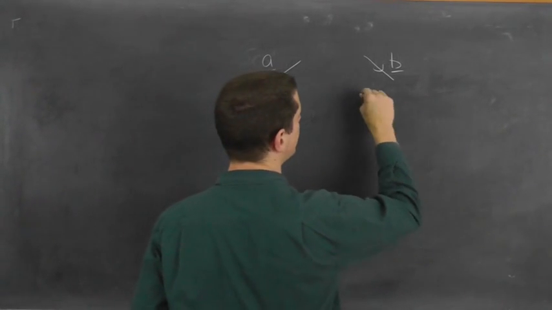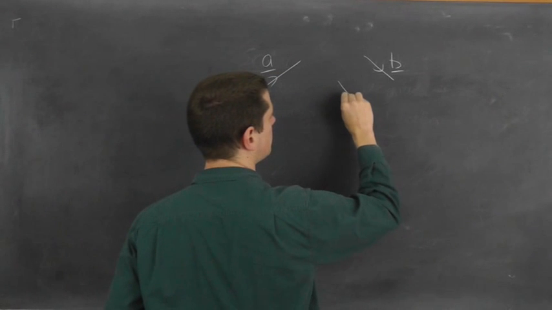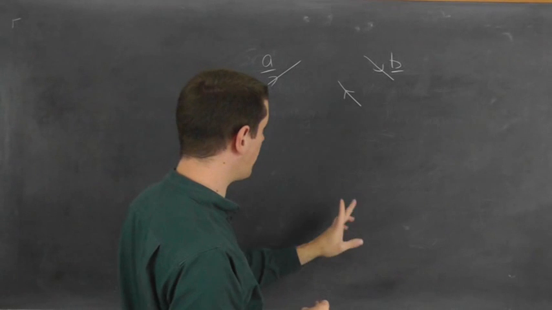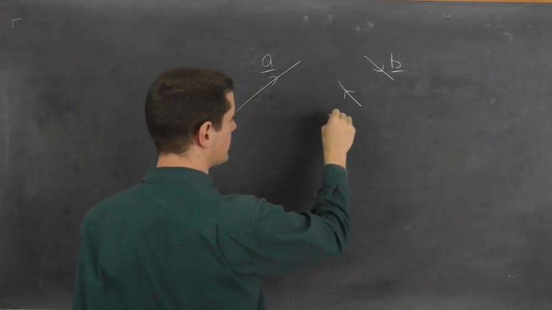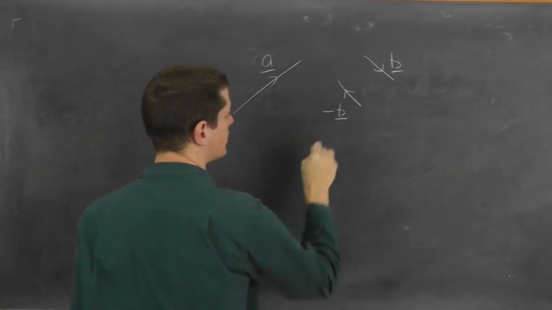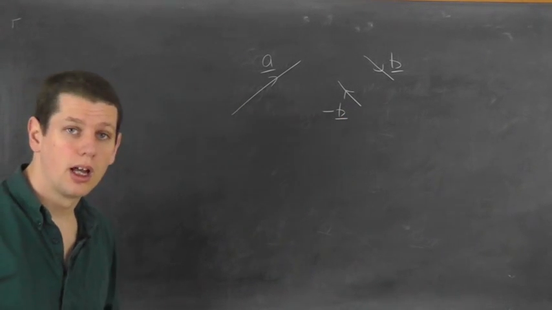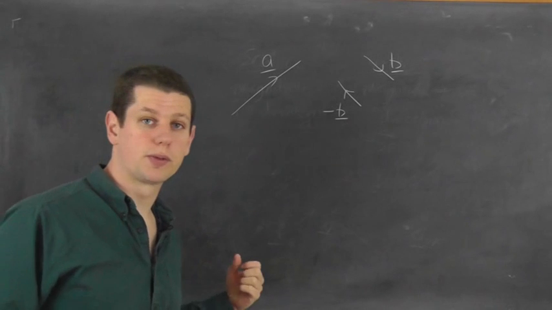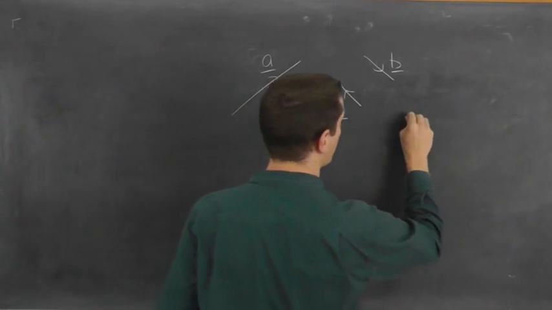So minus B has the same magnitude as B, but points backwards, completely the opposite direction. So this here is minus B. And then it's certainly reasonable for us to define A minus B to be A plus minus B.